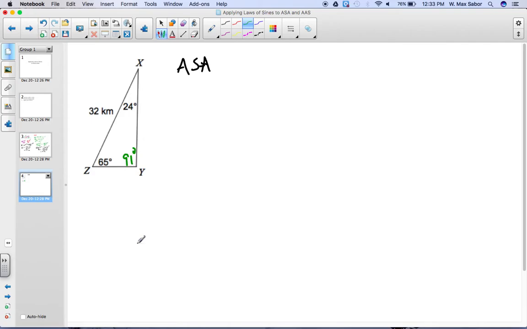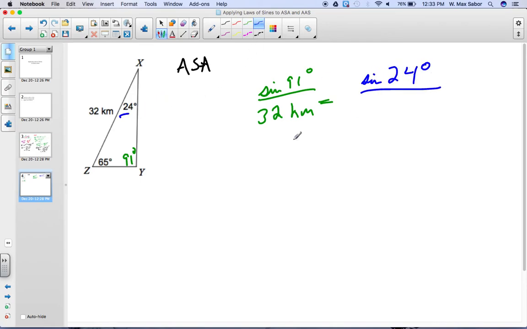We could almost use our right triangle trig, but we can't. So now, sine of 91 degrees, I'm using that angle because it's across from the side that we're given. And that's equal to sine of 24 degrees over ZY. And now we get ZY sine of 91 equals 32 sine of 24.